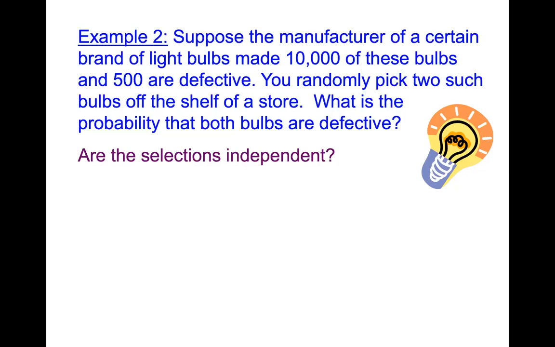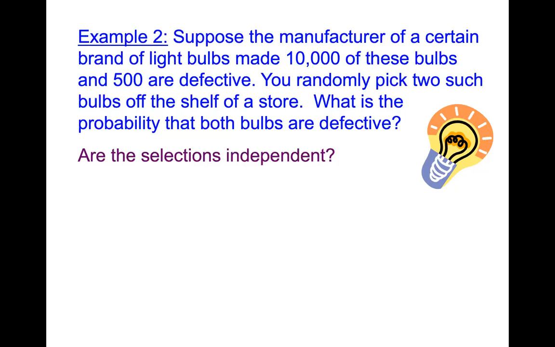Okay, so the first question is, yeah, this is an and problem once again. Probability that the first one is defective and the second one is defective. So the first question you want to ask yourself is, are the selections independent? Well, in this case, there are 10,000 light bulbs.